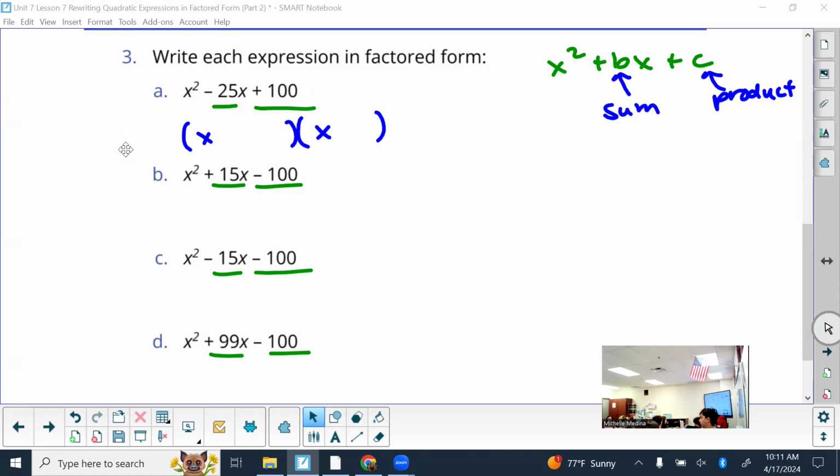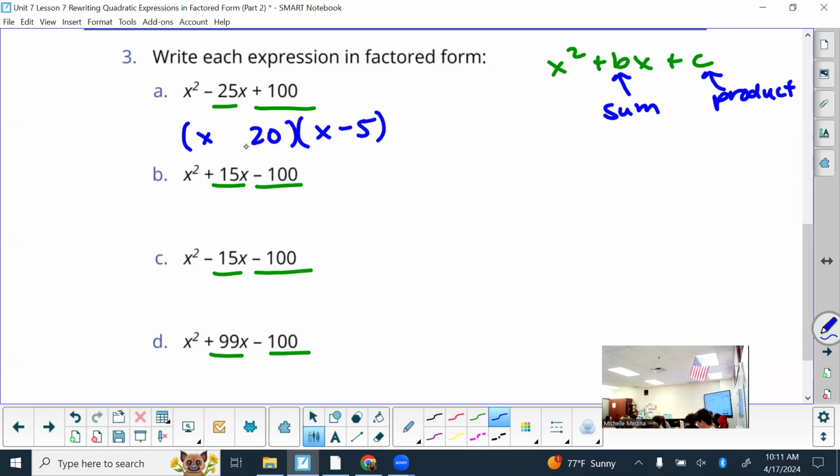Six. What should be my factored form if this is my standard form? So, good, that is the right answer, if I remember correctly, otherwise I'll show you how I would like to find the answer.